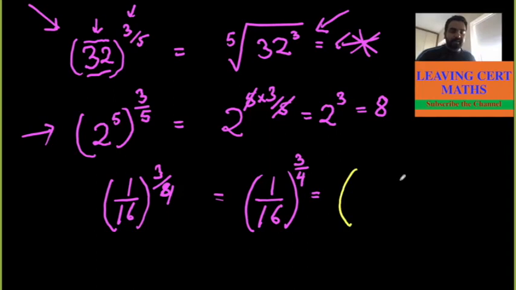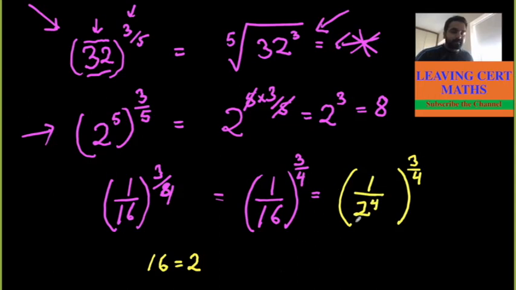How can I write 16 in terms of a prime number power? You can write 16 as a power, and what you're doing is 1 over 16. Okay, but my first step will be this one, 2 to the power 4. Is it right?